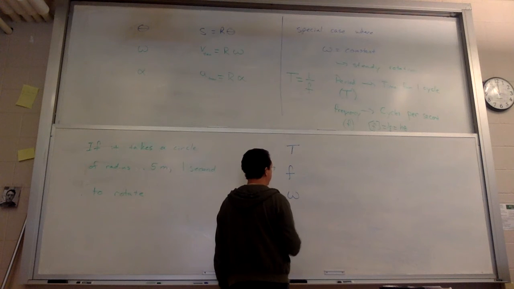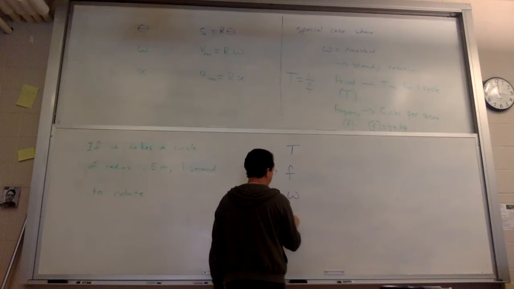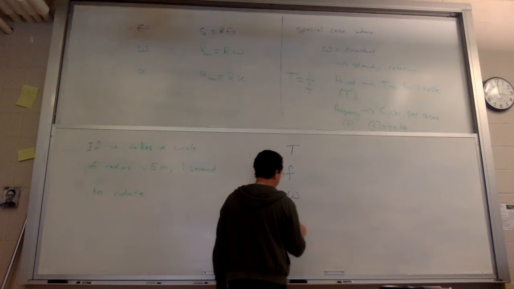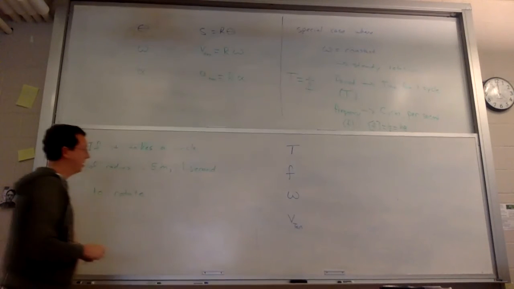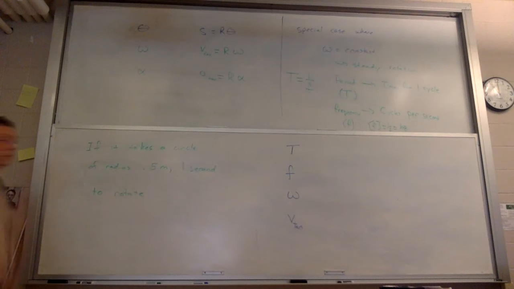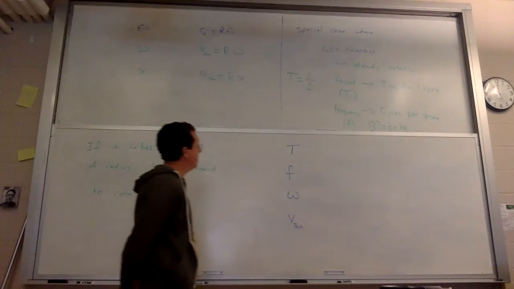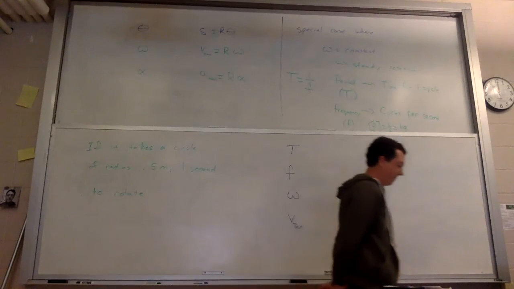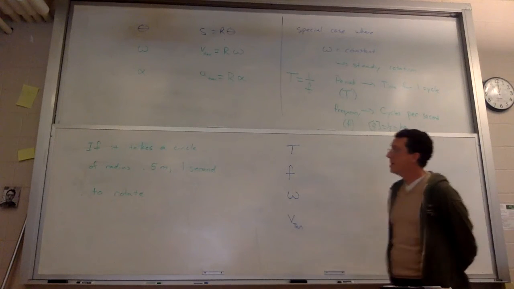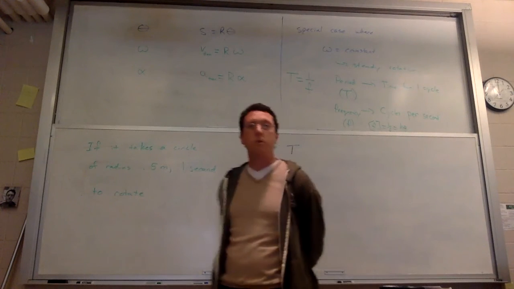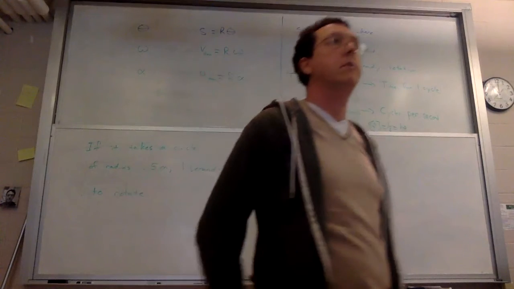I haven't told you how to do that. You have to think about this. And the tangential velocity, or speed. Okay, so take a second. Think about how you would do that. You know the radius, and you know that it takes 1 second to rotate around.